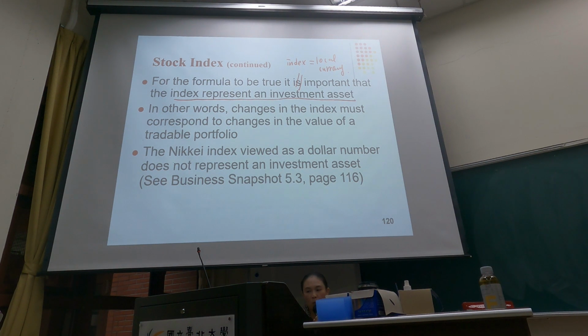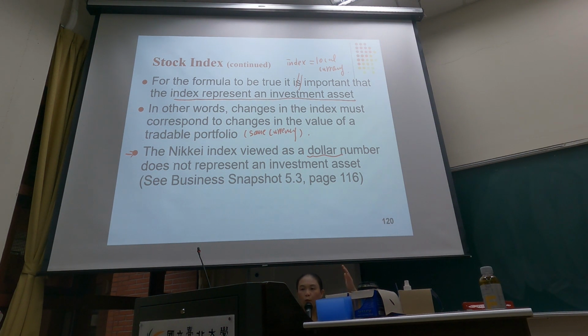So very important is same currency. In the textbook, for instance, the Nikkei index viewed as a dollar amount could be possible, because, for instance, TSMC has an ADR traded in US dollars on the New York Stock Exchange. TSMC's underlying share is quoted in Taiwanese dollars and the ADR in US dollars. In that case, if you use this formula, sometimes you don't find the equivalence.